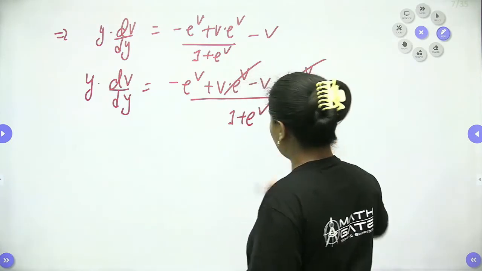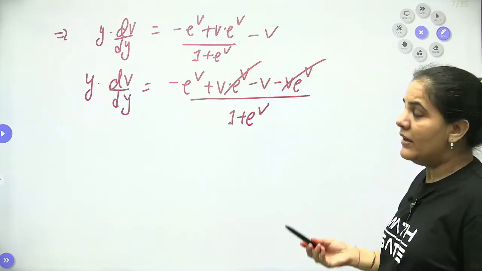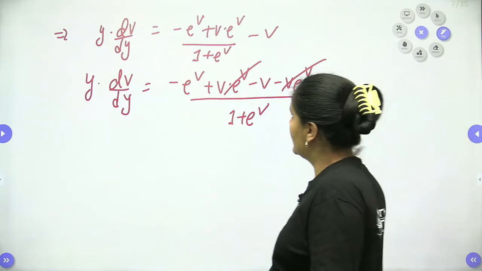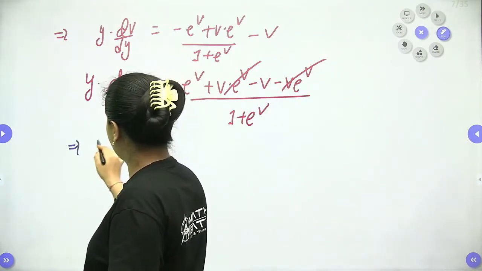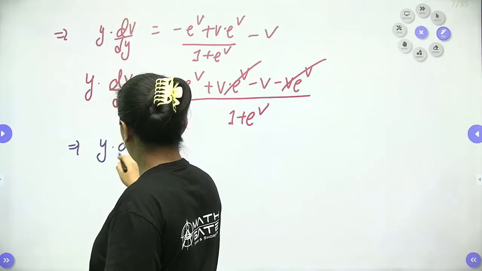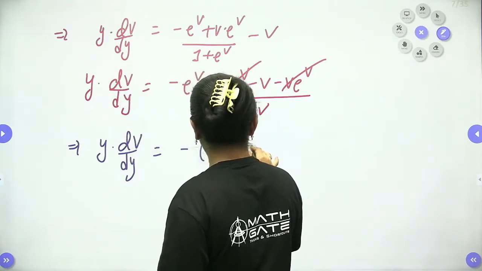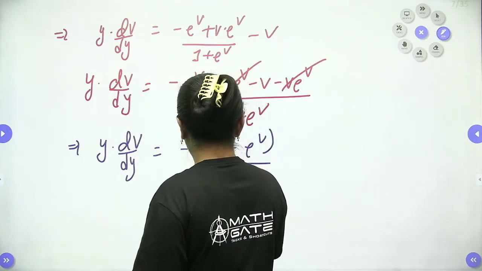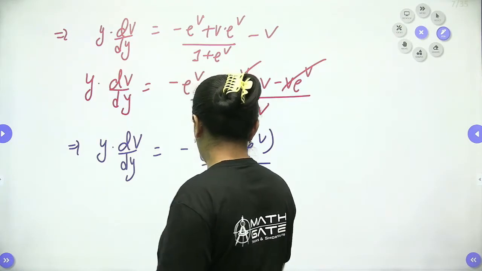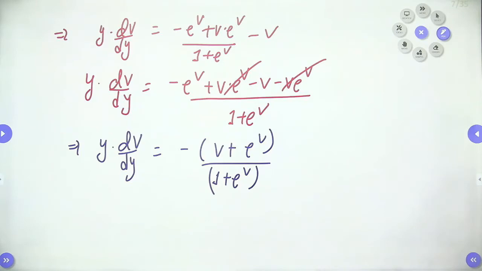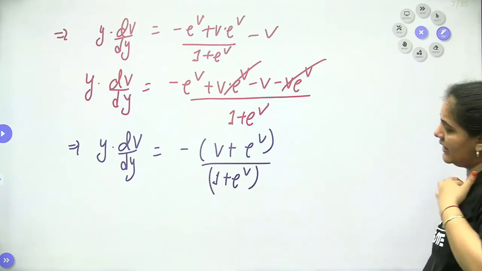The v e to the power v terms will cancel out, dear students, right? So when we cancel out these things, what we get is y into dv by dy. We can take negative as common, it will be minus (v plus e to the power v) divided by 1 plus e to the power v, right? Is it clear, guys? Yes, so we are getting the thing as it is.